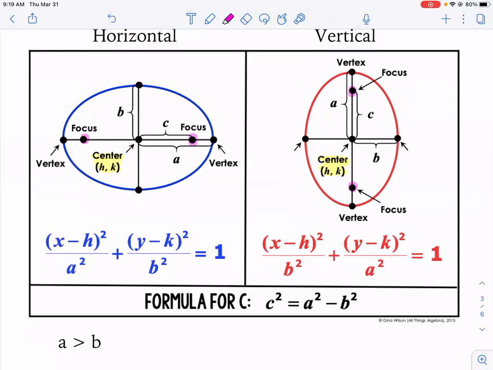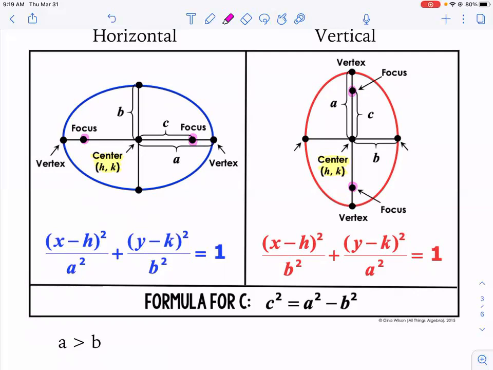along the major axis. So whichever direction you went for your vertices, that's the direction you're going to go to plot your foci. We use this number C for that distance.